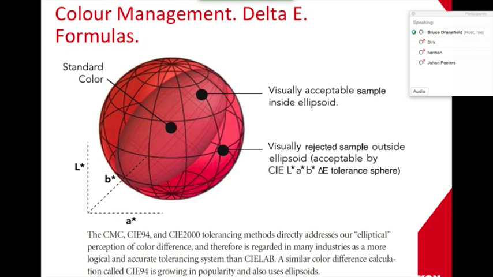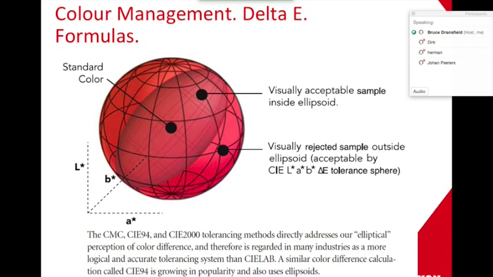Then we have delta E 2000 becoming more and more acceptable, and it's a much, much more natural fit to what we would reject or pass in terms of viewing colour. It's said to have an accuracy value of around 95%, so only 5% will still fall into that area.